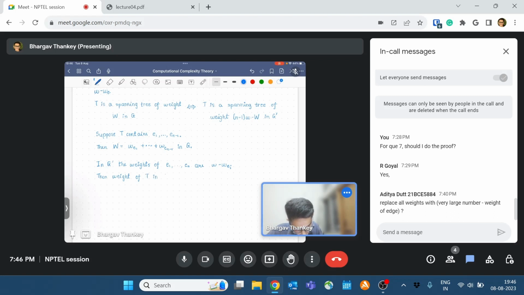So T in G prime, what is this? This is W minus WE1, and this is like W plus n minus 1 times w, minus the sum.